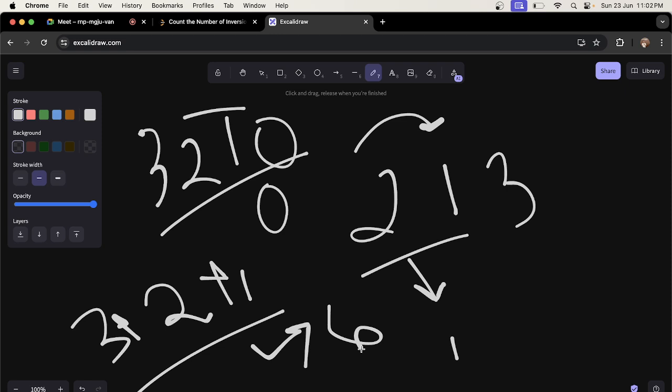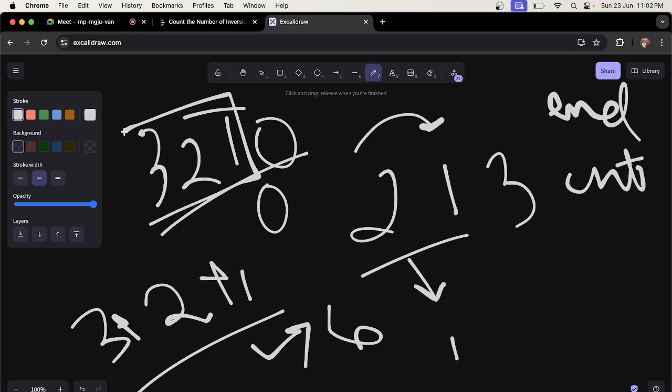Clear? So you need to find the number of permutations that follow every requirement. Every requirement has an end index and a count. Let's say the end index is 2, so I will take 0, 1 and 2, the subarray 0, 1 and 2.